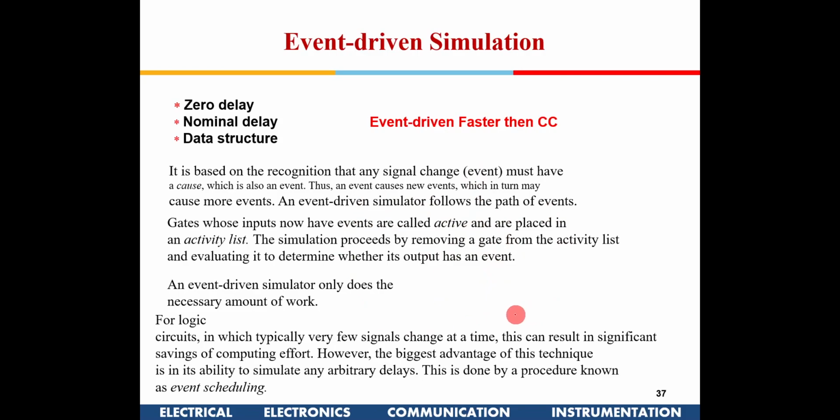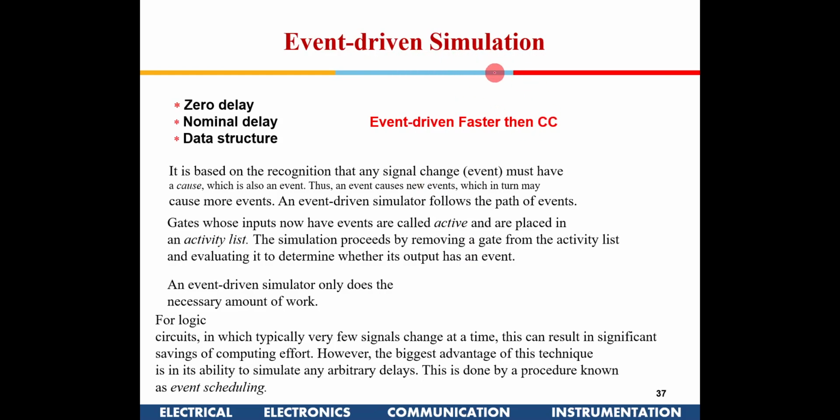It will retain the previous value and just keep changing in the paths where the new input is likely to cause an output swing. So it will keep doing calculations only in those paths. That way you will save a lot of time. So that is known as event driven.